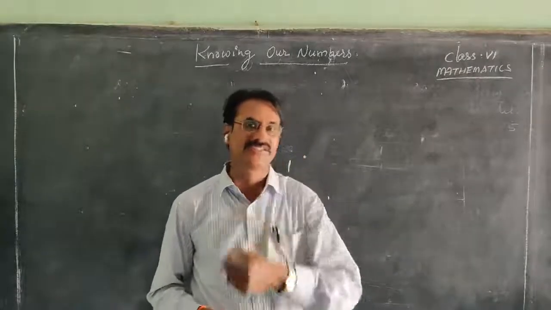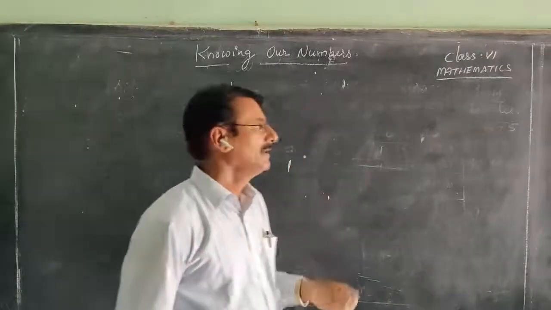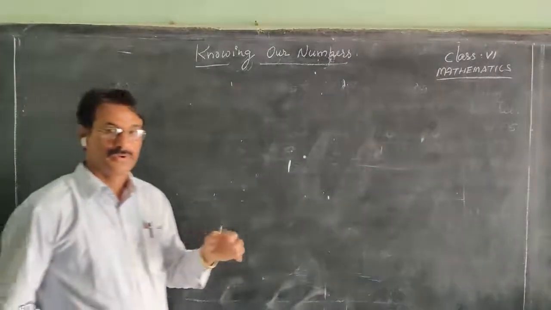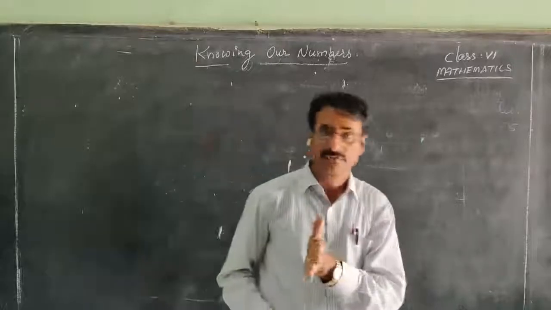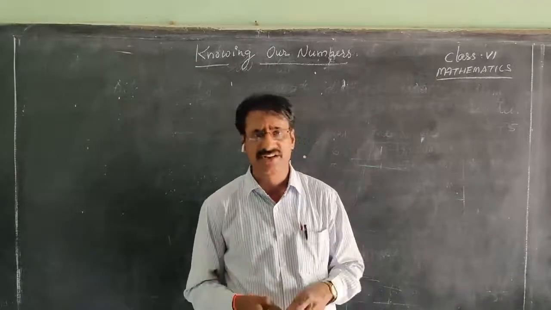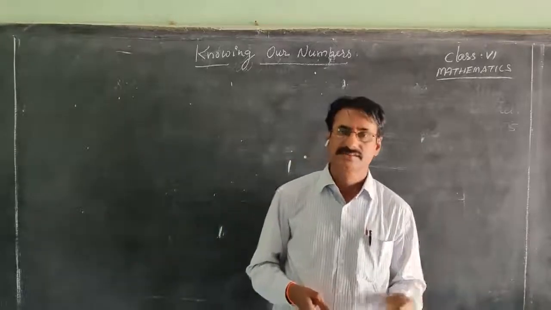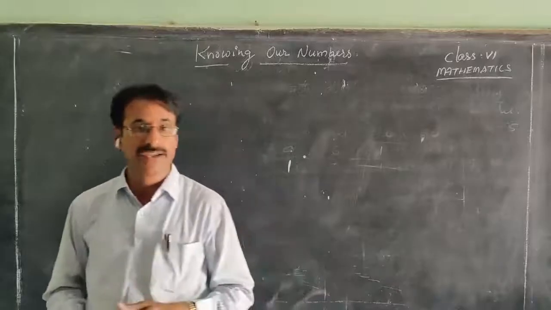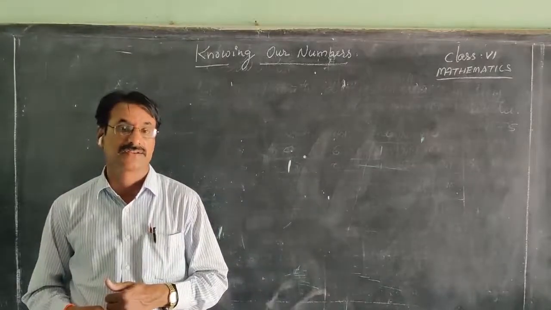In the international system, a small variation is there. They use the first five place names the same as our Indian system: 1, 10, 100, 1,000, 10,000.